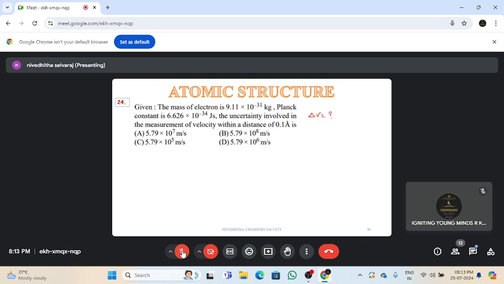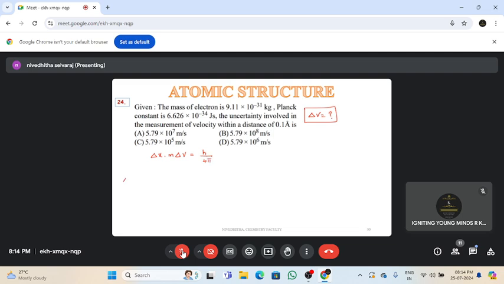So obviously the question is from Heisenberg's uncertainty principle. We know the mathematical expression for that. Please substitute the value and let me know the value of delta V. So what is the mathematical expression? Change in position, mass into change in velocity, which is equal to h by 4 pi.